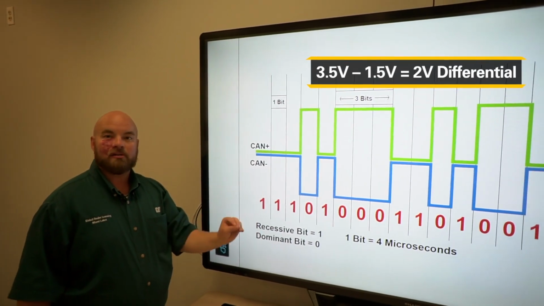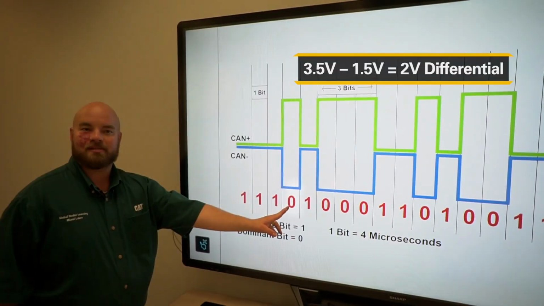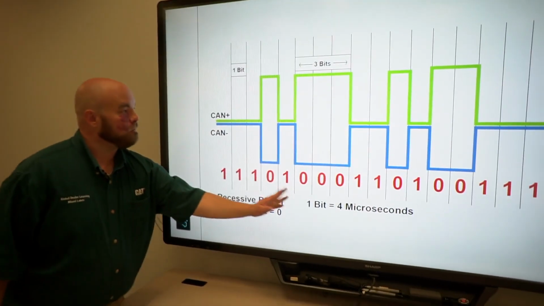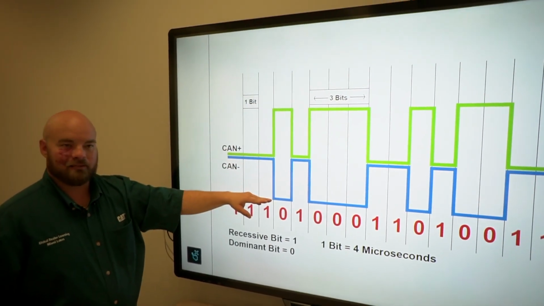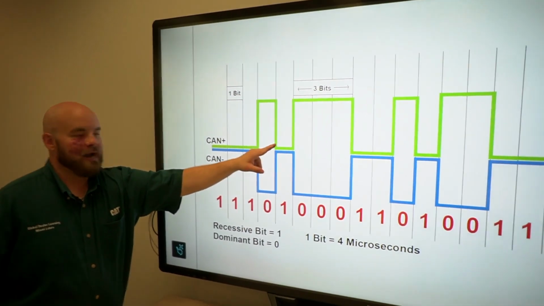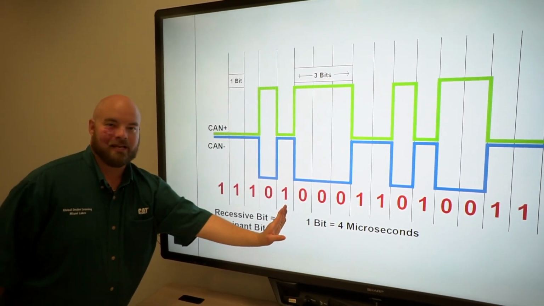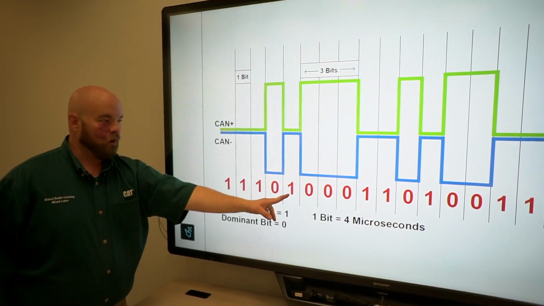So when the differential voltage is higher, now it's going to call that a bit 0. Okay? 4 microseconds later, it takes another sample. But what's happened? When the CAN plus was high, the CAN negative was low, now they've both gone back to that 2.5 volt level. So the differential voltage at this sample is 0, so it calls that a bit 1.